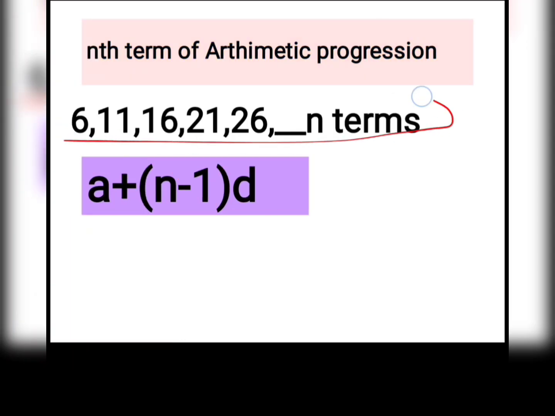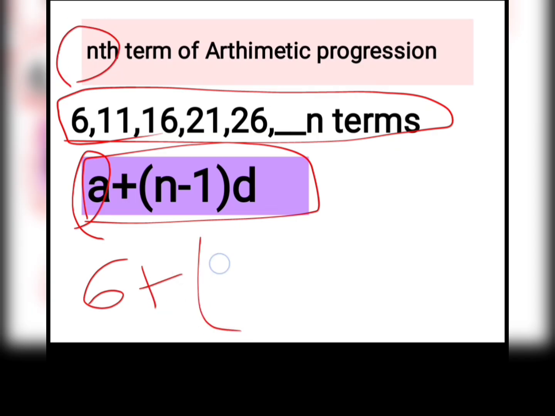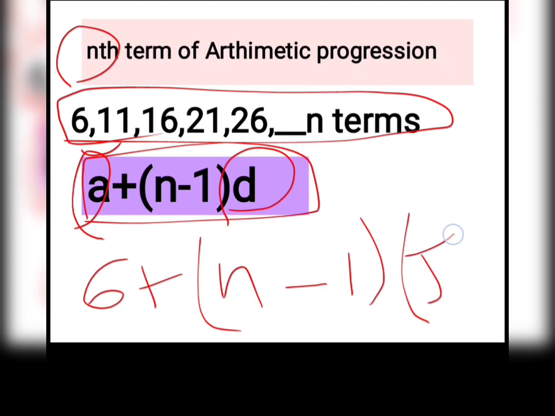Here, it is asked to find the nth term for this. The formula is a plus n minus 1 into d. a is the first term. It is 6. Then what to substitute in the place of n? Here it is asked for the nth term only. So substitute n as it is. n minus 1. What is the common difference? The difference between a term and its previous term. Let us take 11 minus 6, which is 5.